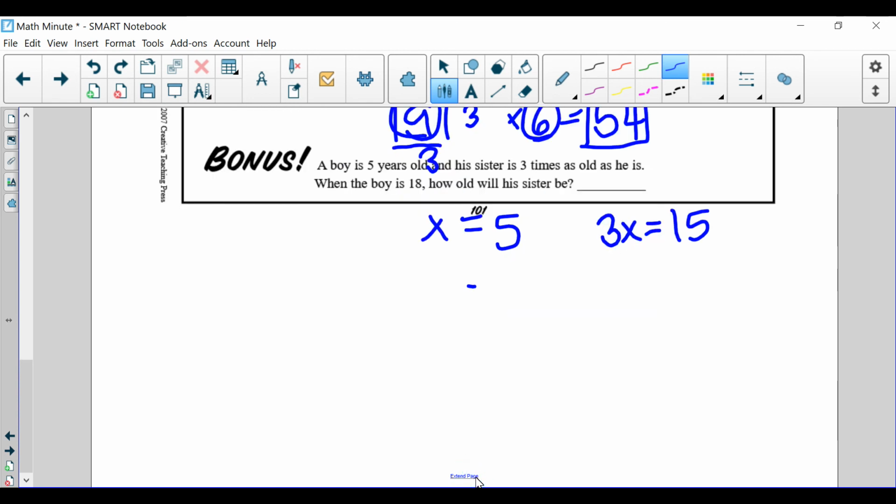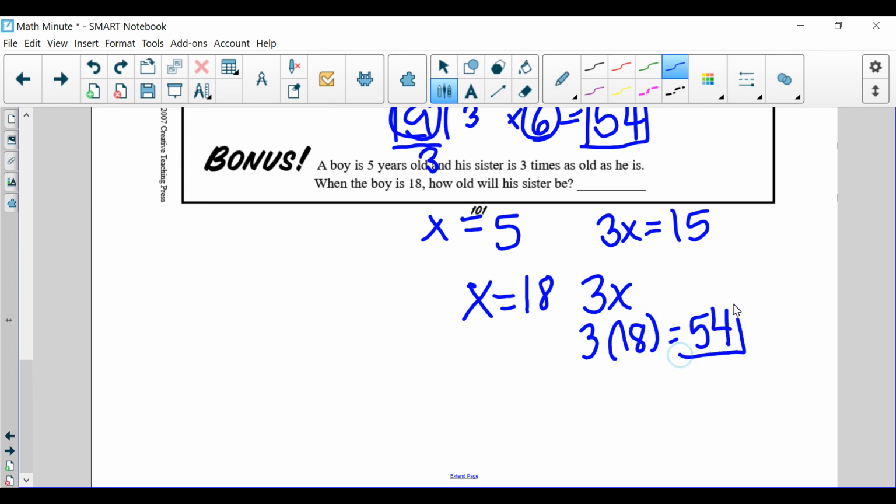But what if the kid is 18? Well, again, we called the boy X and we called the sister 3X. If the boy is 18, meaning X is not 5 anymore, it's 18, we're going to go ahead and substitute that in here, and we're going to end up getting 54. Well, the same answer as before.